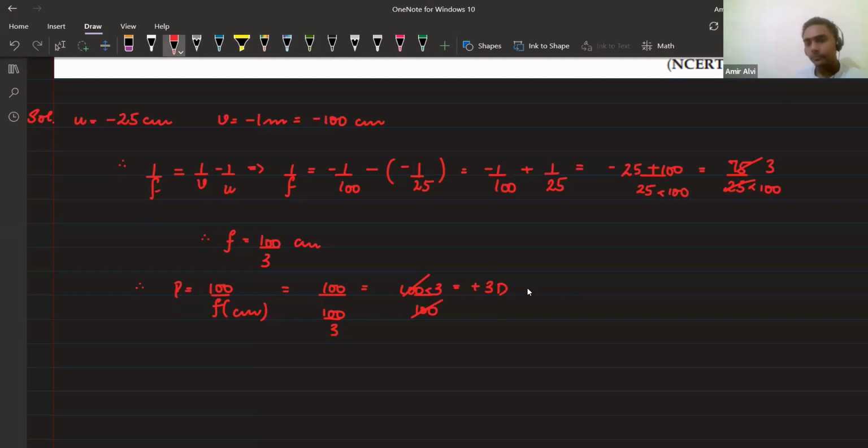Okay, this is the answer. Clear, children? So I'm requesting all of you to focus on the answer steps as well. The main goal is to find the answer, but how to find it in an optimal way, by using the time in an efficient manner.